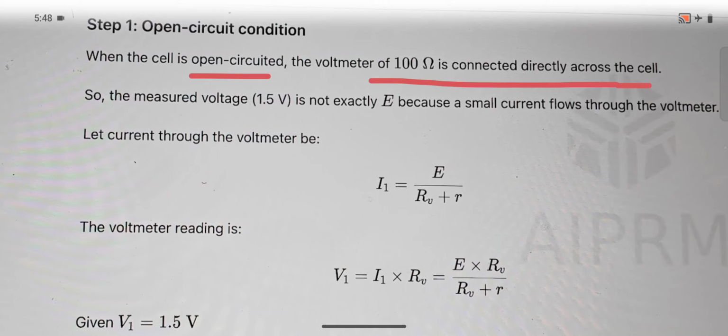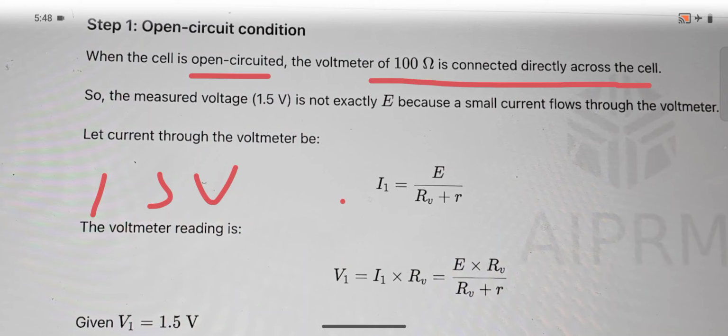So the measured voltage 1.5 is not exactly E, because a small current flows through the voltmeter. So we have to assume some current passing through the voltmeter.